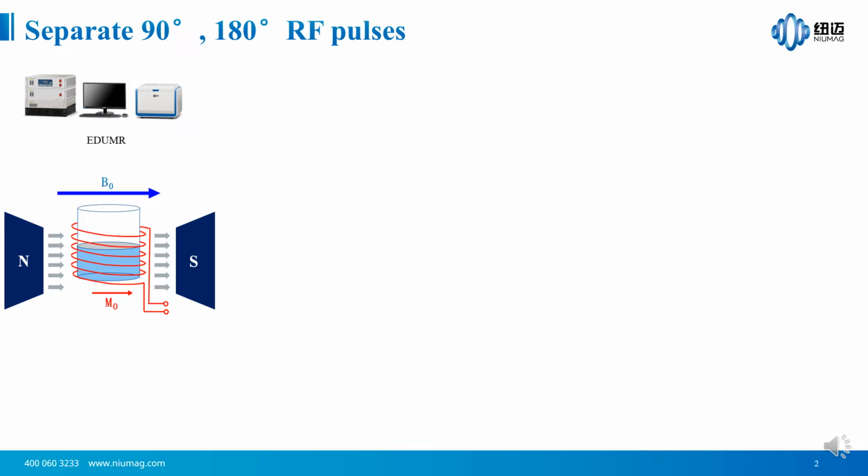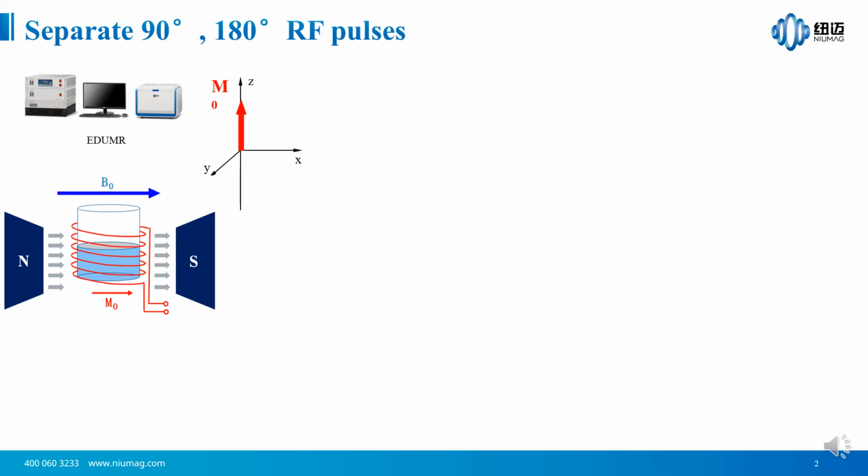After putting in the sample, the magnetic field produces a magnetization vector, which we also call the longitudinal magnetization, denoted by M0, and it is oriented along the main magnetic field direction. We plot it on the coordinates, and M0 is along the z-axis direction.